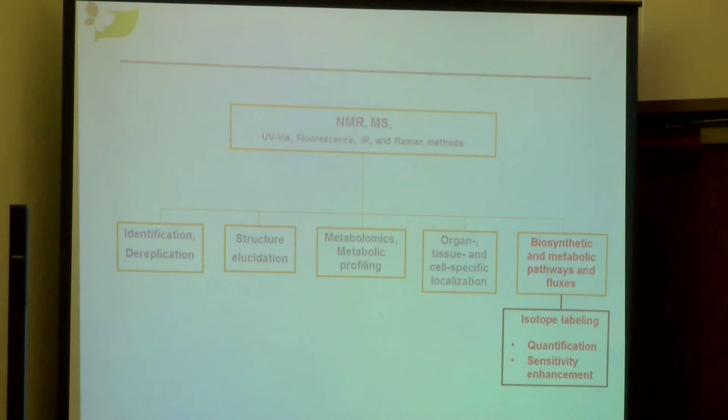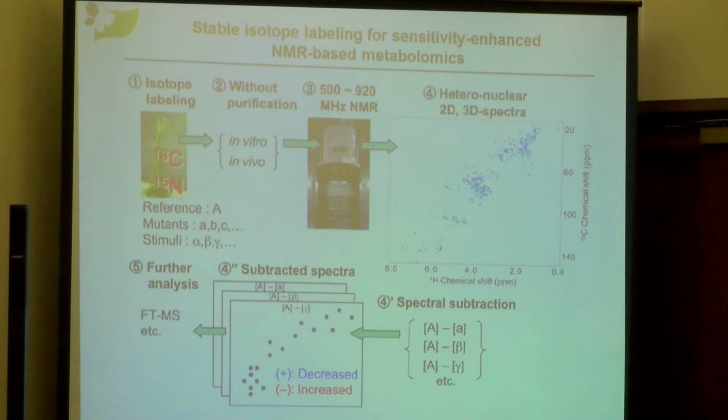But there is a certain advance of new technology in this area, and we are using carbon-13 labeled, or stable, isotopes for labeling in order to establish pathways, fluxes, and also metabolic conversions.